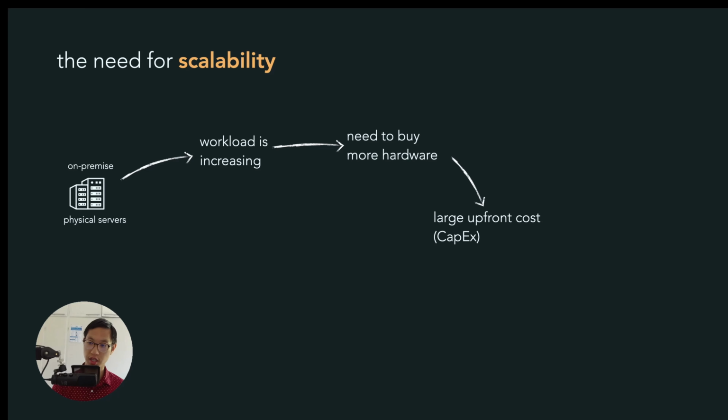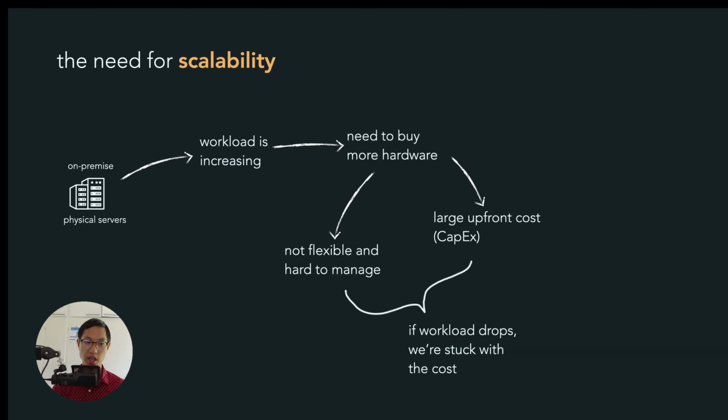So it's not as convenient as you may notice, and it's not easy to scale. When the workload drops, we're stuck with the cost because we have already paid for our hardware, the physical servers. So when it drops, we still need to pay.